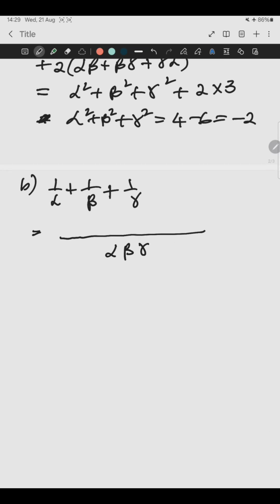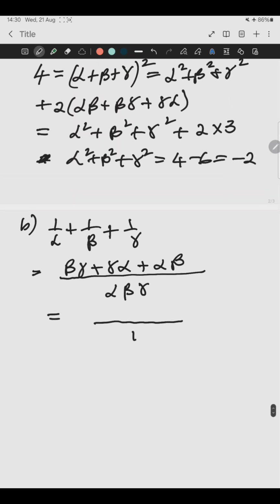The first term will be beta gamma, then gamma alpha, and then finally alpha beta, and the bottom alpha beta gamma is 1, and the numerator is 3, so our answer there is just 3.